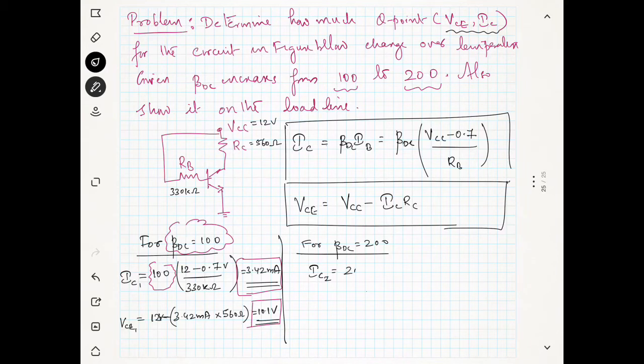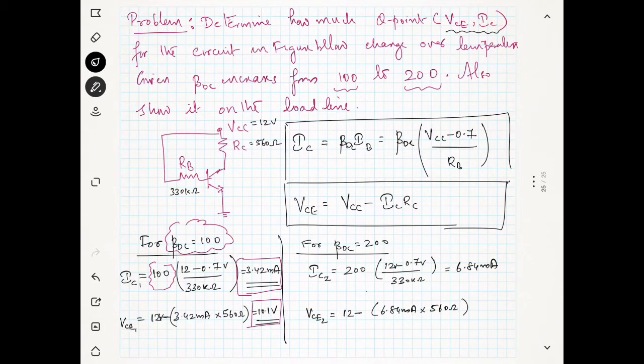It is nothing but 200 multiplied by 12 minus 0.7 over 330 kilo ohm. So you will get 6.84 milliampere. You can see the IC has changed. Previously it was 3.42, now it becomes 6.84. And VCE2 is nothing but 12 minus ICRC, that means 6.84 milliampere into 560 ohms.